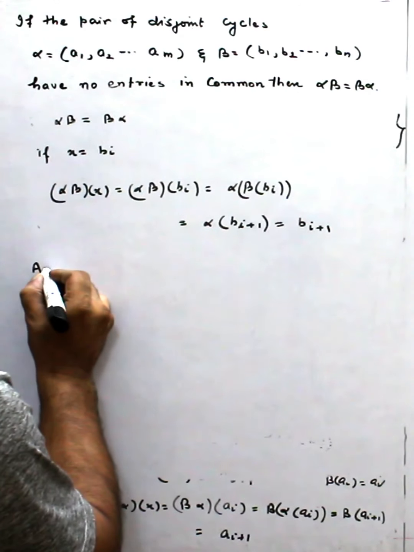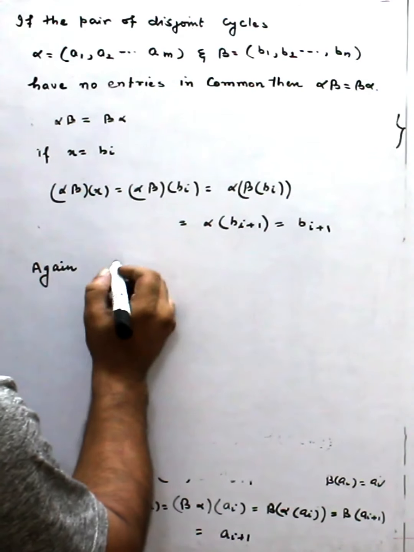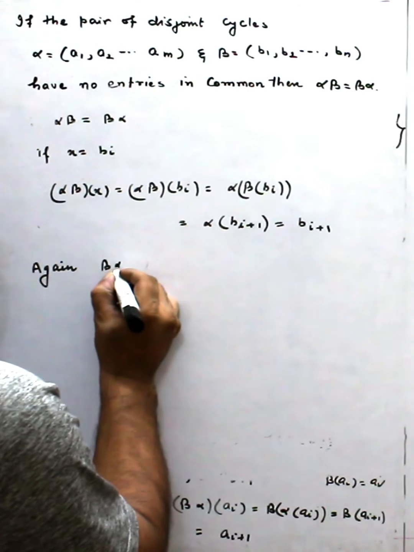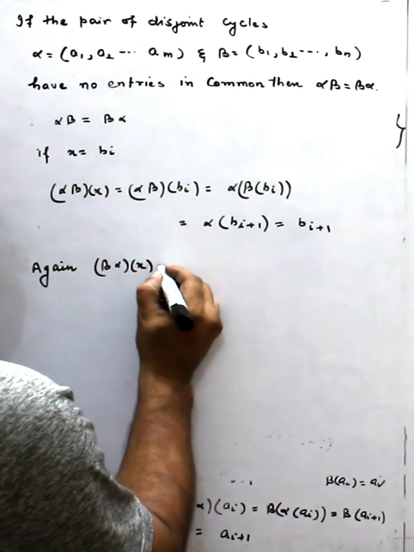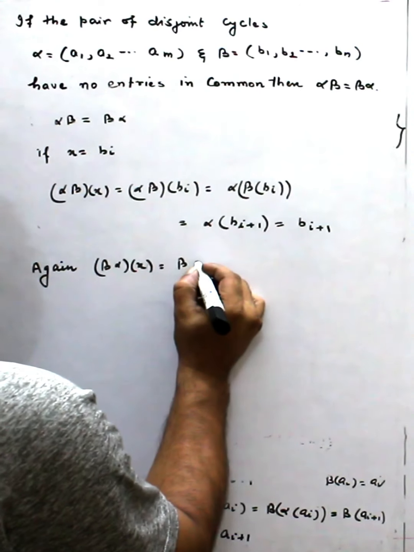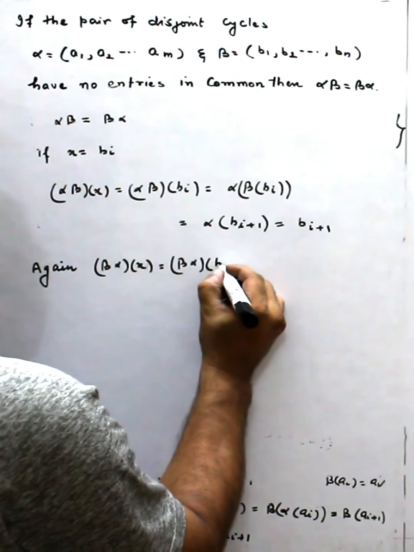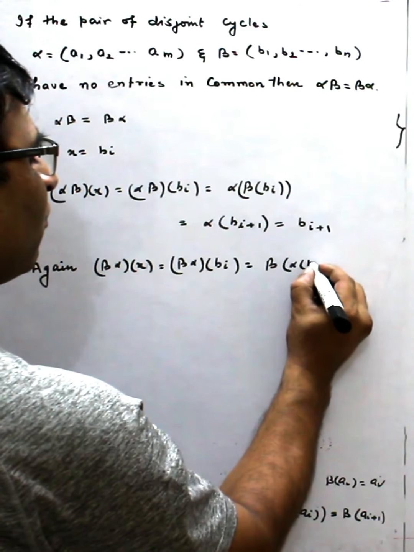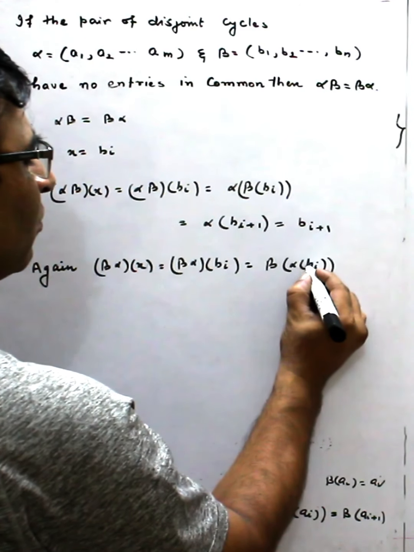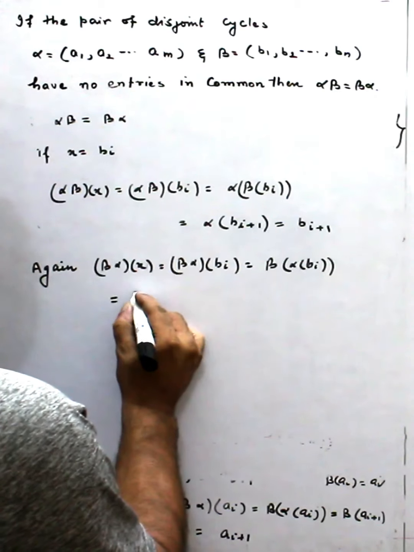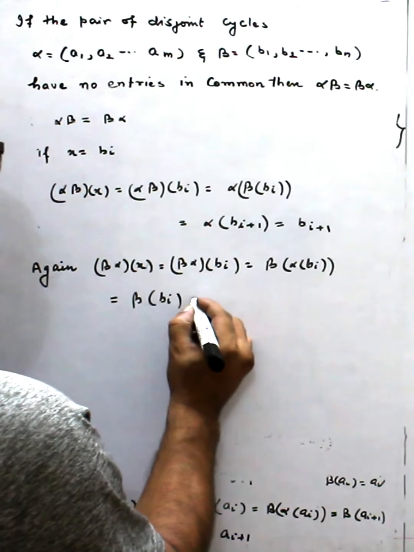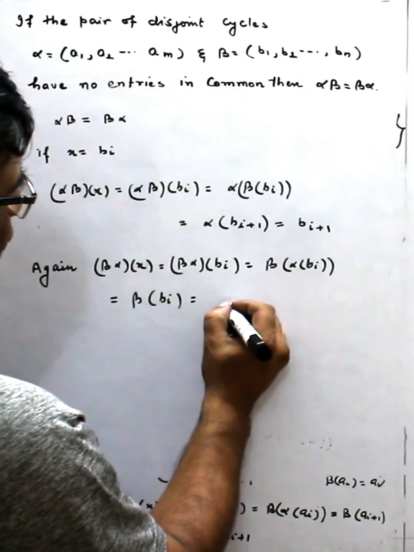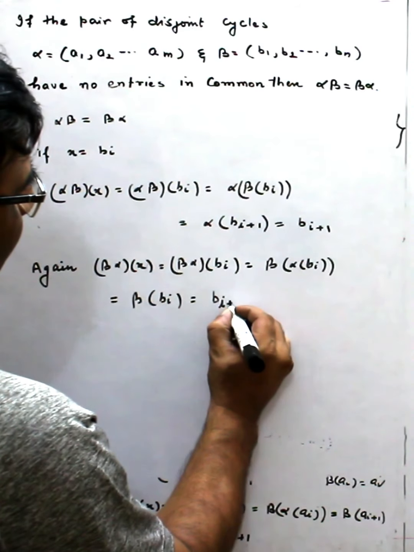Again beta alpha x is beta alpha of bi. Now alpha fixes bi, so this becomes beta bi, and because bi is in beta, it moves to the next element, bi plus 1.